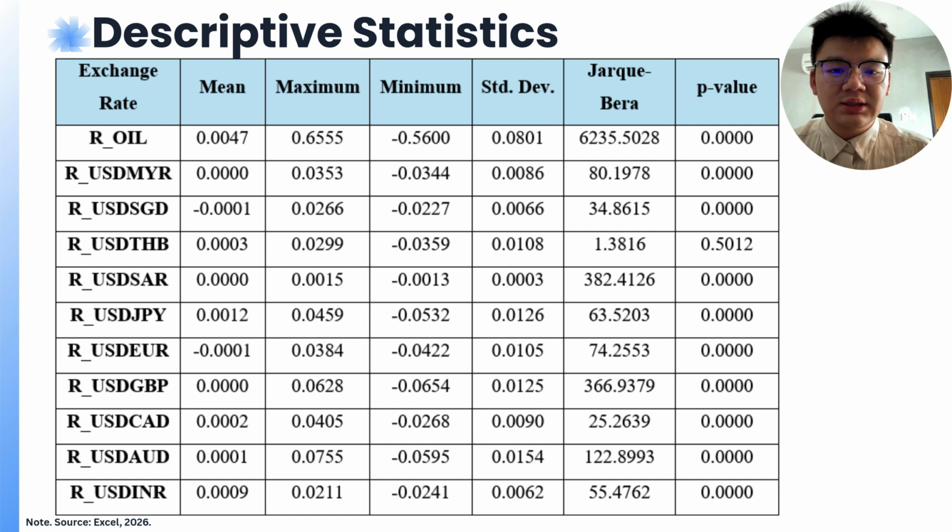The standard deviations for the currencies are relatively lower compared to oil, so the volatility is comparatively lower than crude oil.